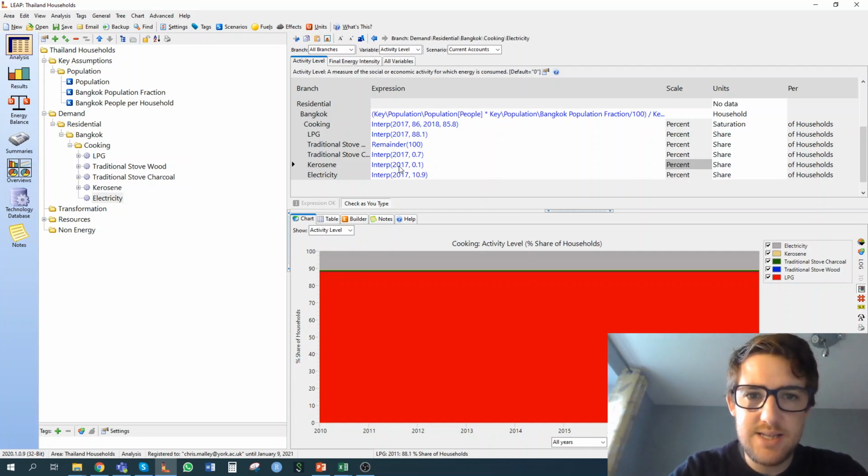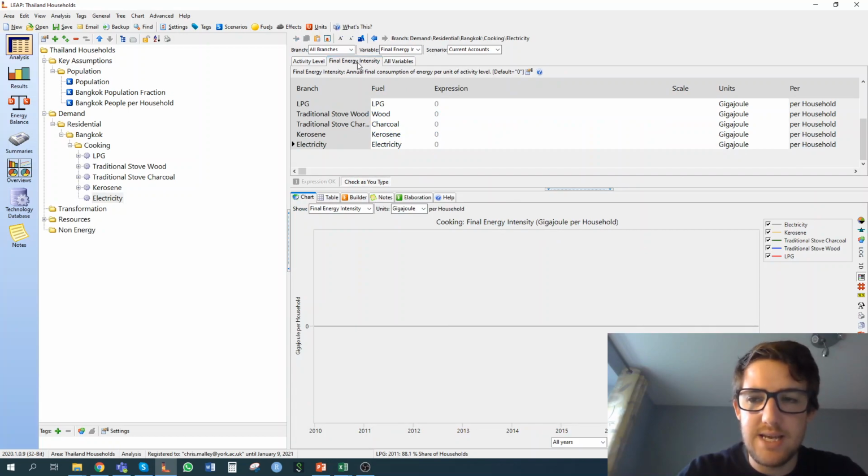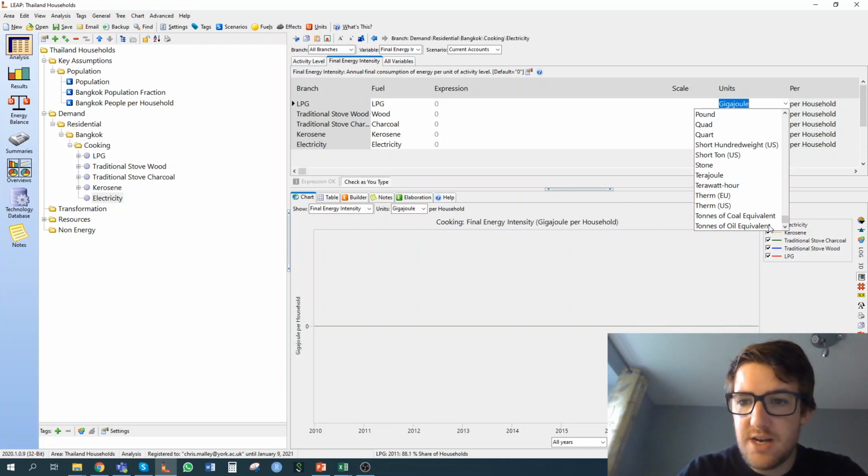The next thing that I need to do in order to be able to calculate my emissions is specify the final energy intensity, which is the number of gigajoules or the number of tons of oil equivalent or the number of megawatt hours of electricity or the number of tons of fuel or the number of liters of a particular fuel.